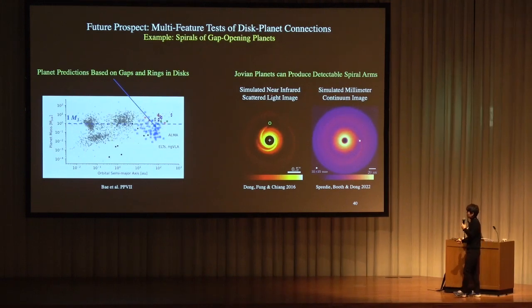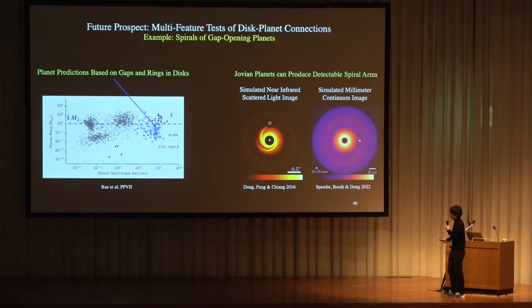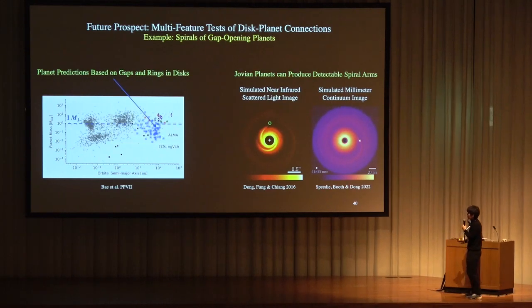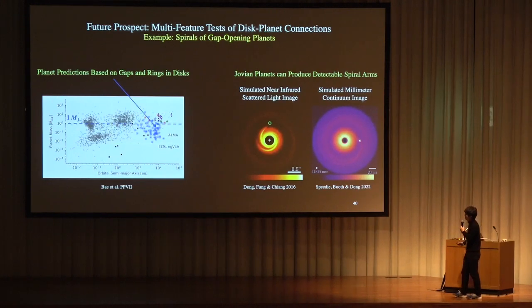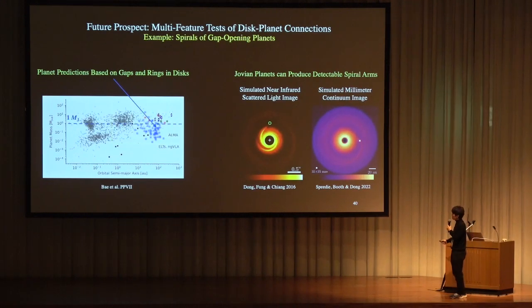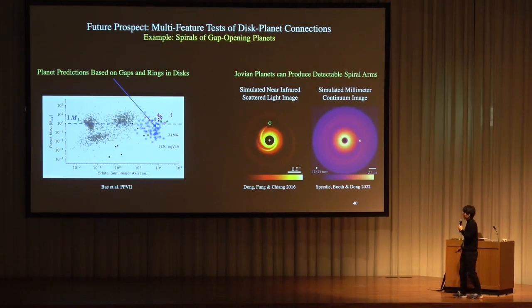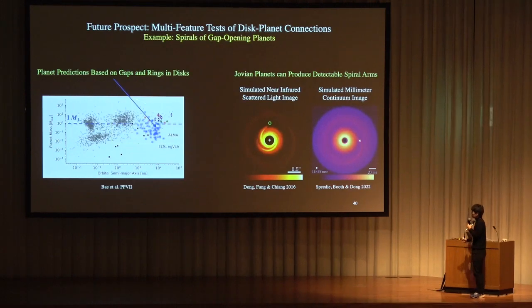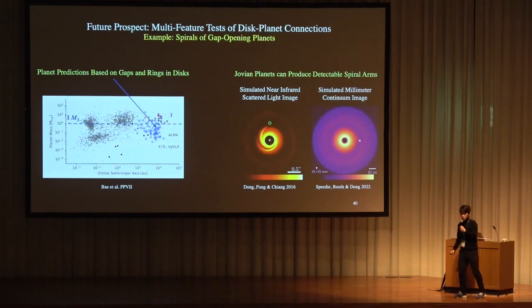So here is another edition of the planets inferred from disk observations from Jae Han's chapter. These blue dots, which are the majority of those planet predictions, are made based on gaps and rings. And when Jupiter mass is here, we see there are quite a few Jovian planets inferred from rings and gaps. Those planets, Jovian planets at tens of AU, are supposed to produce observable spiral arms.